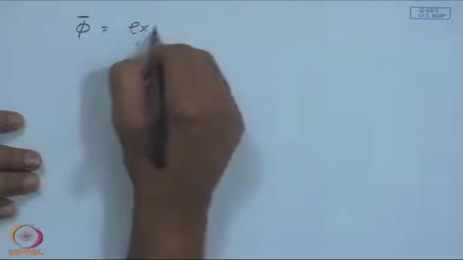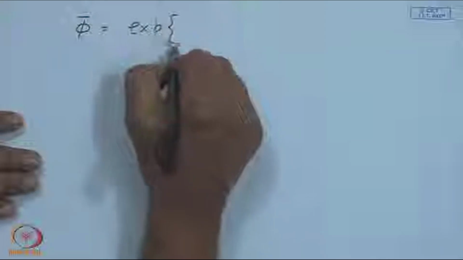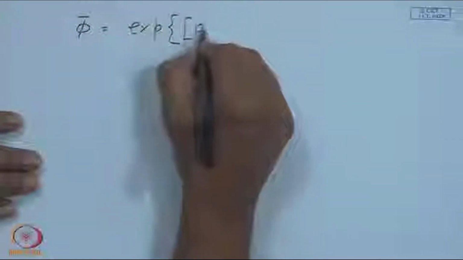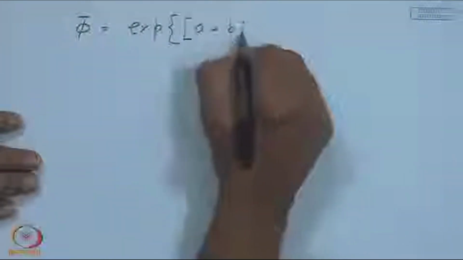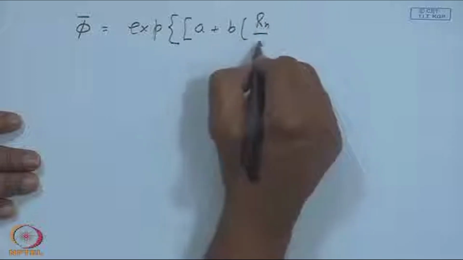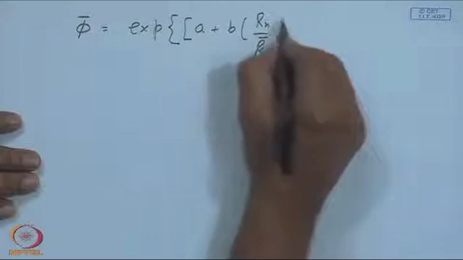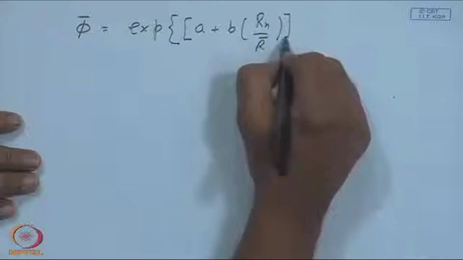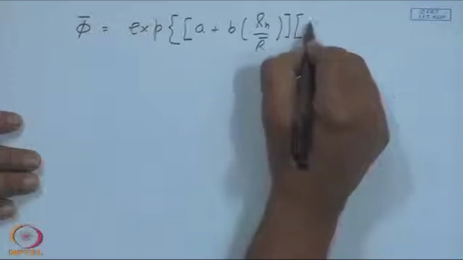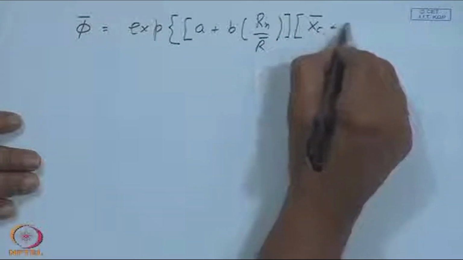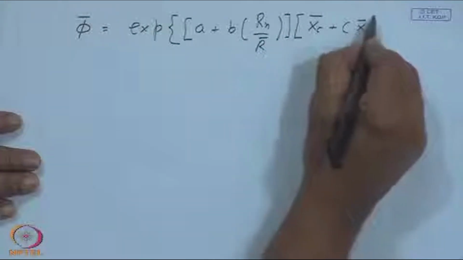So, the Klein's correlation has the form exponential A plus B Rn by R bar times x c bar plus C x c bar square.